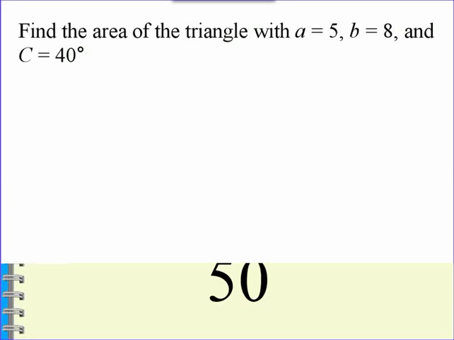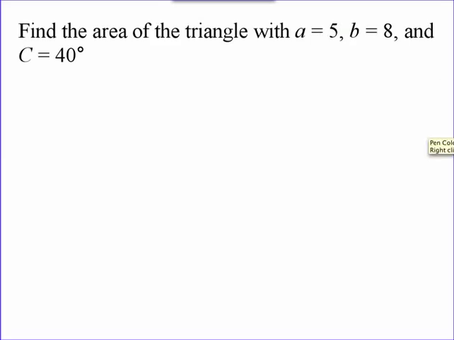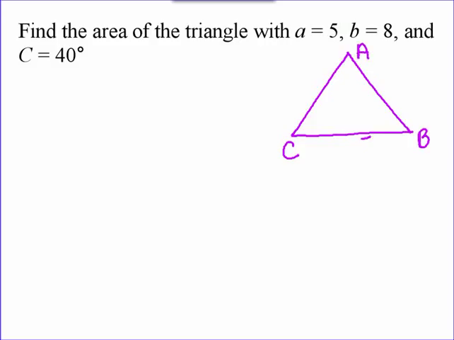So let's look at a problem here. Oh, sorry, I skipped it. Go back. There we go. Find the area of the triangle with A equals 5, B equals 8, and C equals 40. It might not be as easy to see unless we draw an example. So A is 5, B is 8, C is 40. My instructions are to find that area.